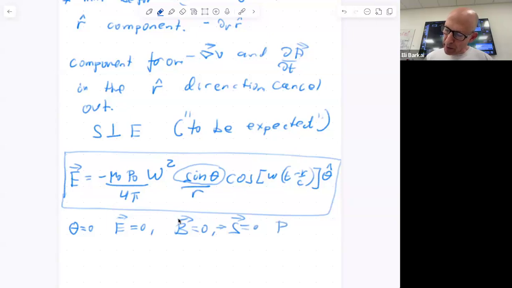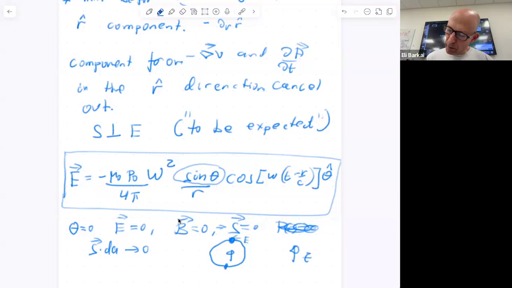And that means that the P of R is also, well, not P of R, but S dA is 0. So again, I have my dipole, and I have here, so this is the Z direction, right? Theta equals 0 is up here or down here?